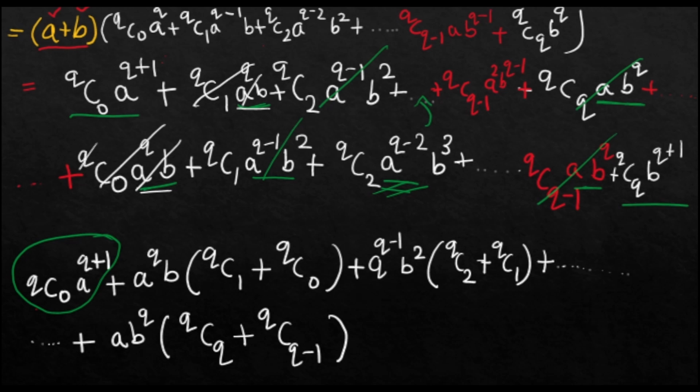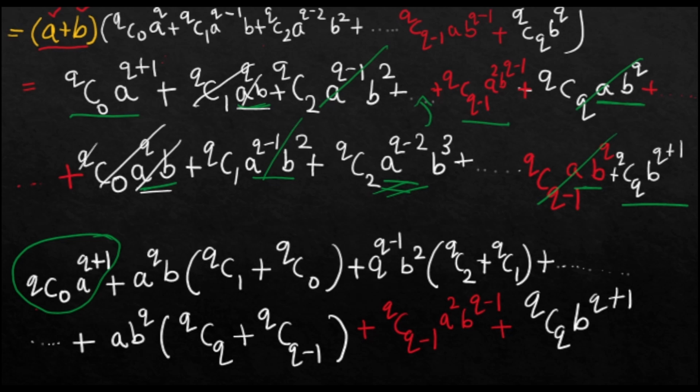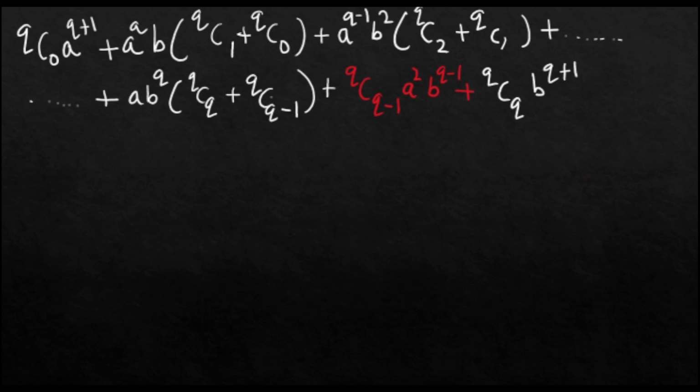Now the last term and the previous term are left. So we have to write them separately. I have written the previous term and the last term here. As we know, QC0 is equal to 1 and Q plus 1C0 is equal to 1.